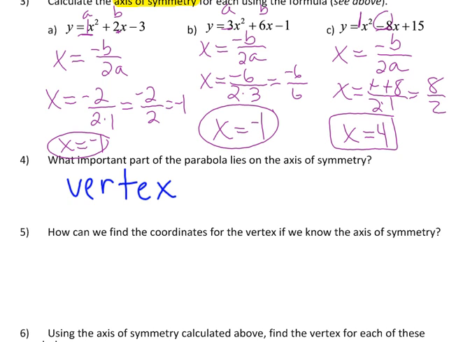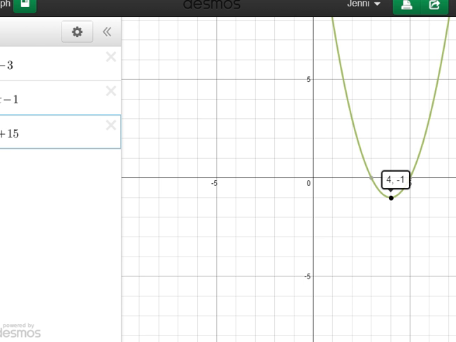Well, if we have the graph, we can just look at the graph and find that it's (4, 1). But do you notice on that ordered pair that the x value is the same as the axis of symmetry? For this parabola, the axis of symmetry was x equals 4. And there it is, the vertex is (4, something). The question is, how do we find y?